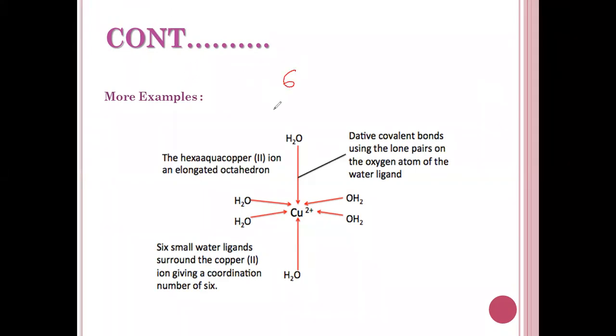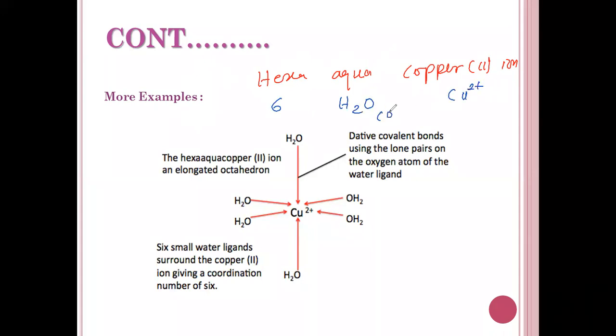Hexa means 6. Aqua means water. Copper 2 ion means Cu2 plus. I will write it: hexaaqua copper 2 ion. It has another color, yes, blue color.